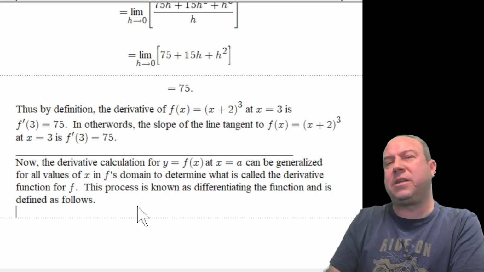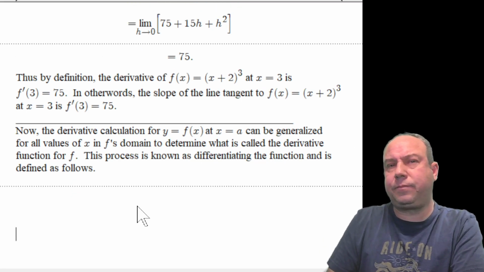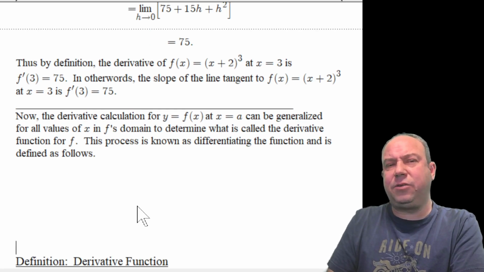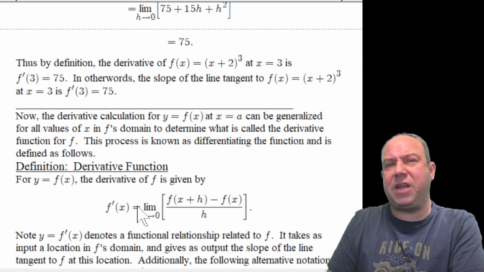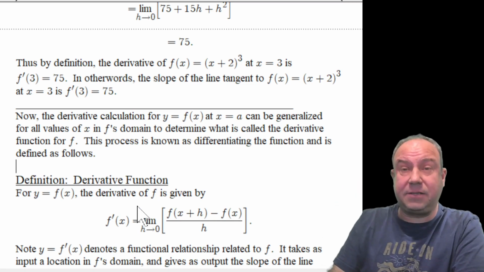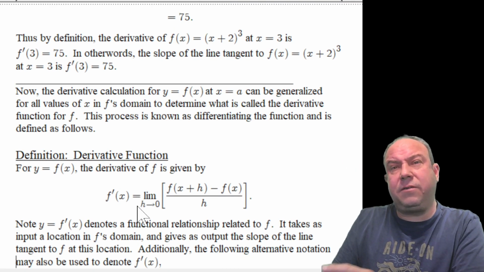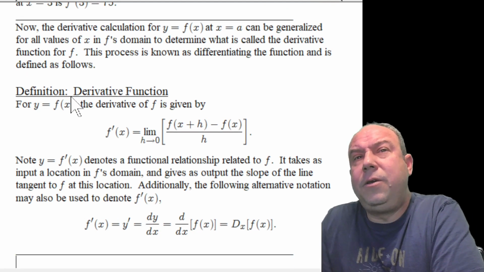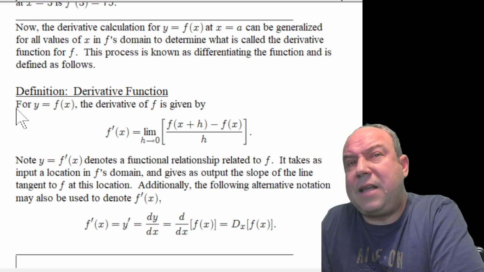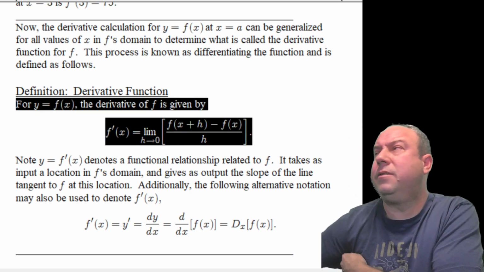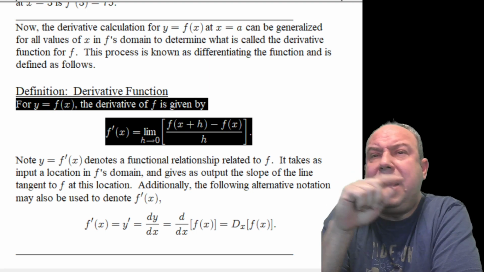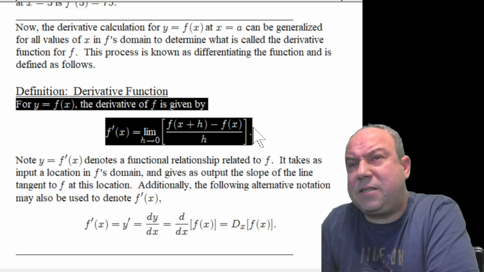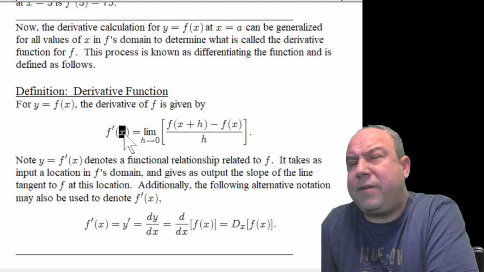We call this the process of differentiation for any given function. And it is this calculation we've seen above for the derivative of the function at a particular value of x, except we don't consider that x at that value. You can see this calculation looks a lot like what we've defined above, except you can see here we have not specified it for a particular value of x equal to a.